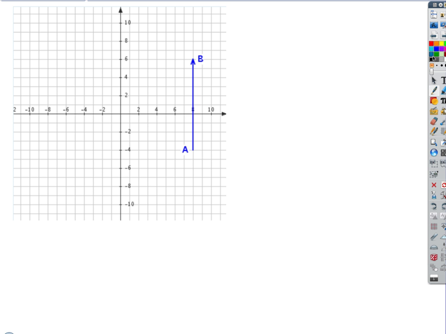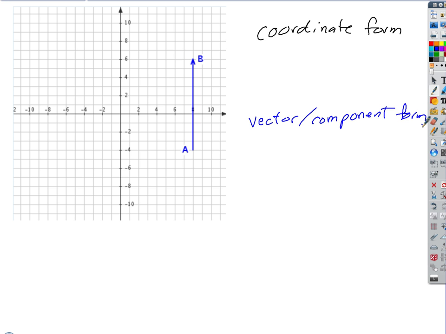We've got the coordinate form, and either vector or component form, same thing. What's coordinate form? How's that one go?